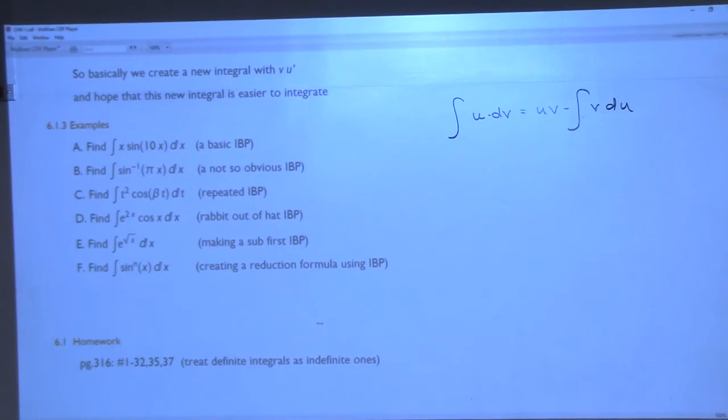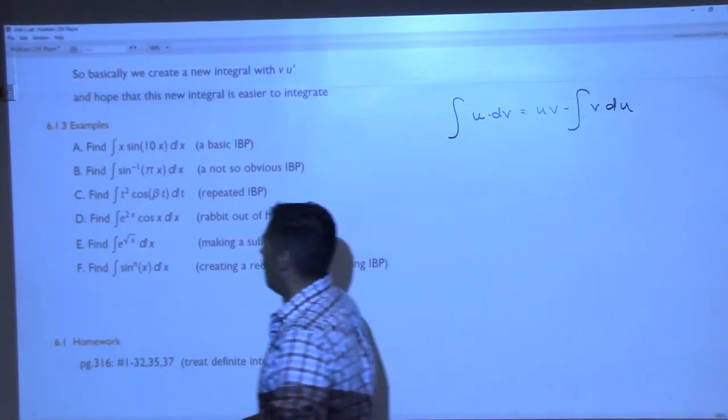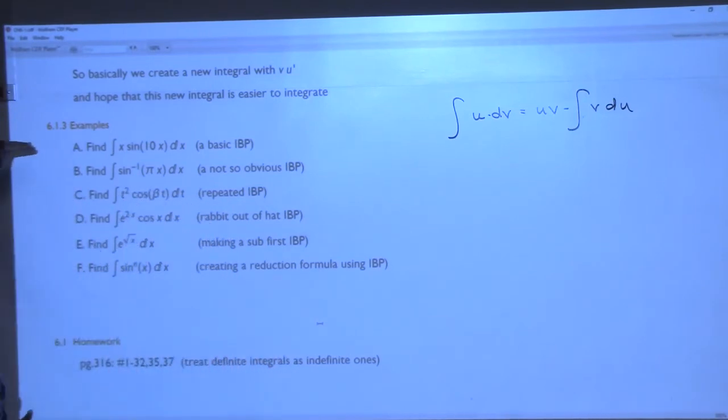Okay. But before I do that, in my notes for integration by parts, I have examples A, B, C, D, E, and F. And for every one of these, I describe what's going on. In the first example, it's just a basic integration by parts. Second one is not so obvious. Third one is what we call repeated integration by parts.